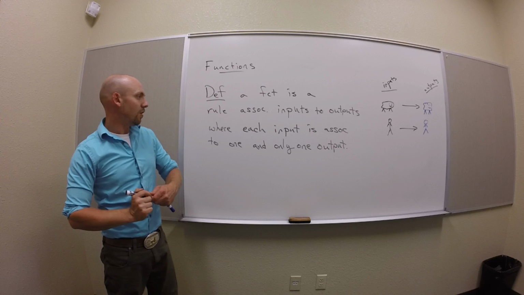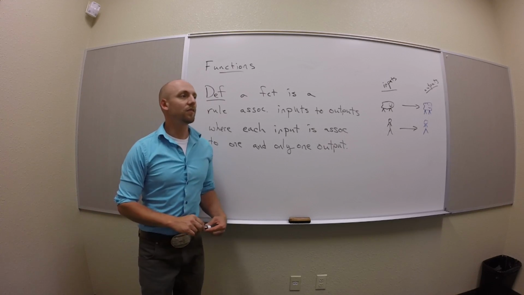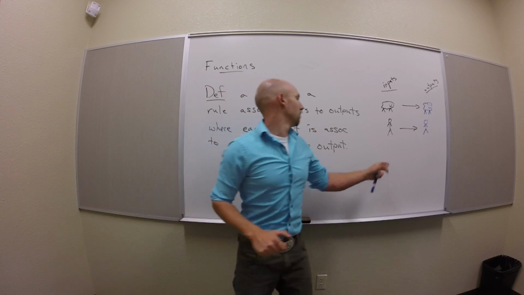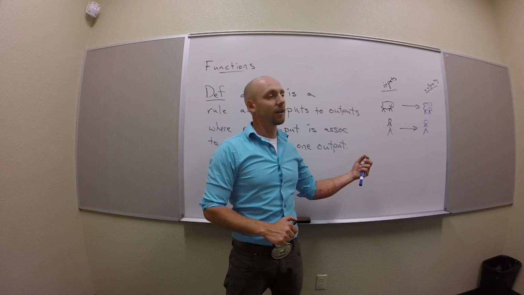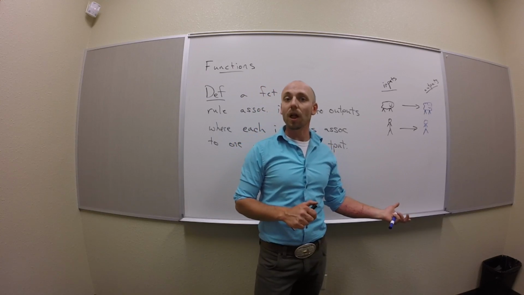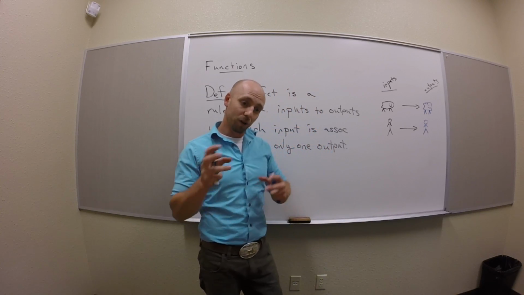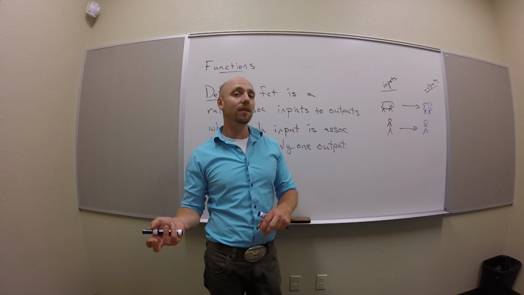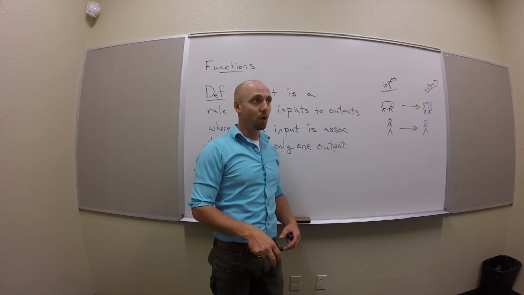So with each input associated to one and only one output, what that means is that if I put a box into the function, it's not going to turn into a blue box sometimes and other times a black box, right? It's going to be predictable. So if I put the same thing into it now, I'm going to get the same thing that I would get out if I put it in later.